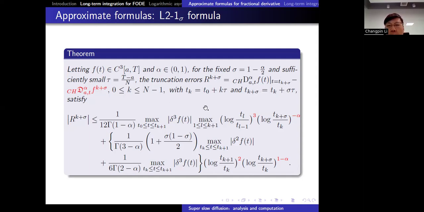Here we approximate the derivative value at this point, which is not an integer node. We get this, so the truncation error is like this, at most 3 minus alpha. But if k equals 0, this may be higher than 3 minus alpha.